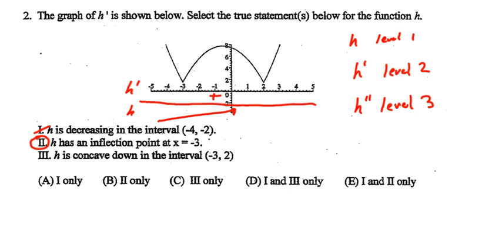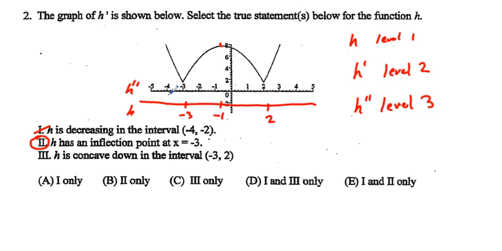Well, let's go ahead and change out our number line. Instead of H above that, we're going to have H double prime. Basically, our change in concavity is going to occur here at -3 and also at 2. And I forgot one more. Looks like right here at about -1 also.